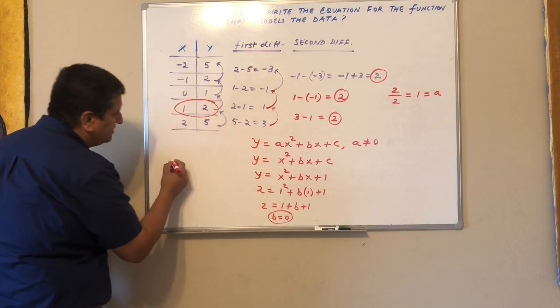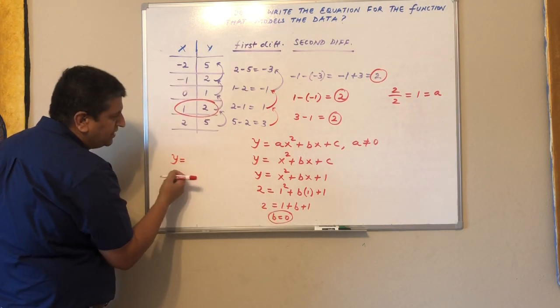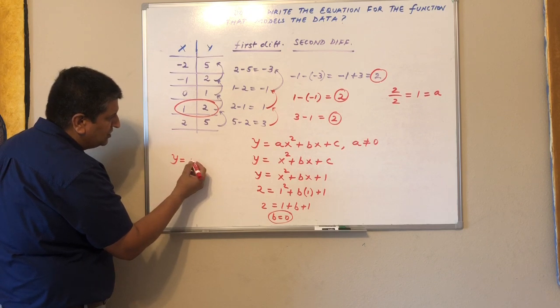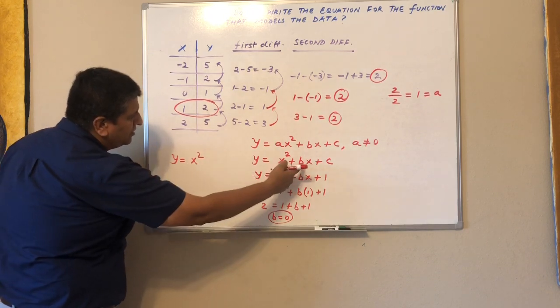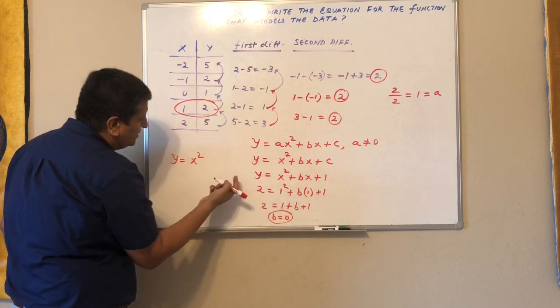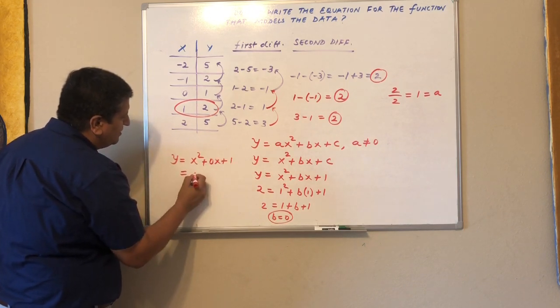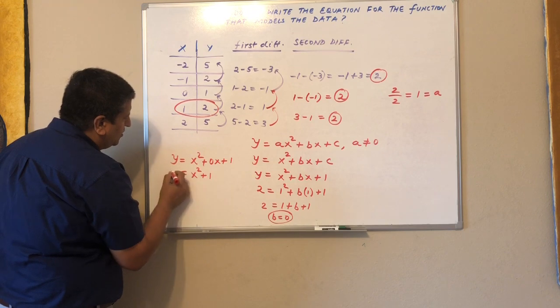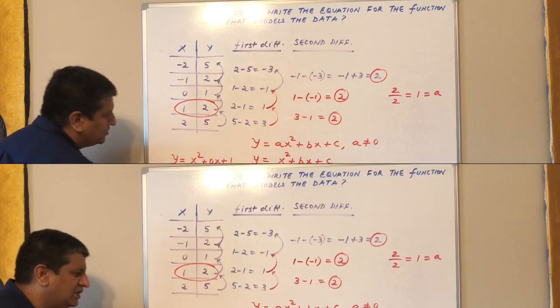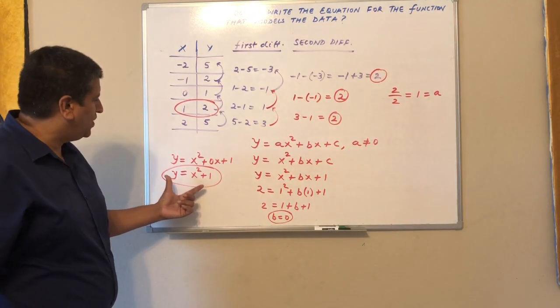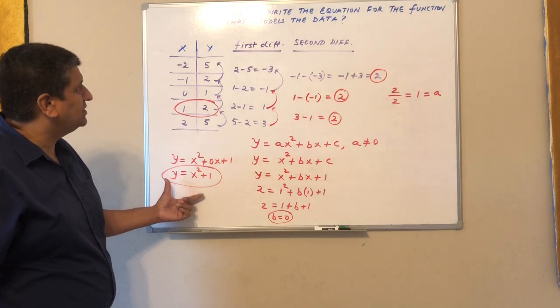My final equation for the quadratic function would be x squared, b is 0, so you can write 0x, plus c is 1, or simply you can write y equals x squared plus 1. This is the equation for the quadratic function.